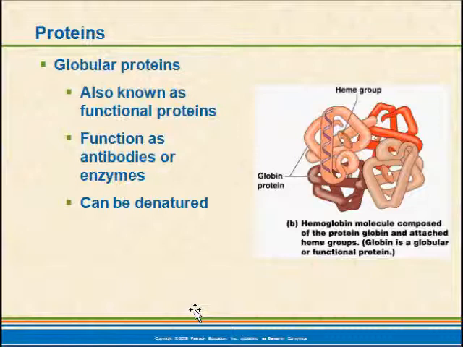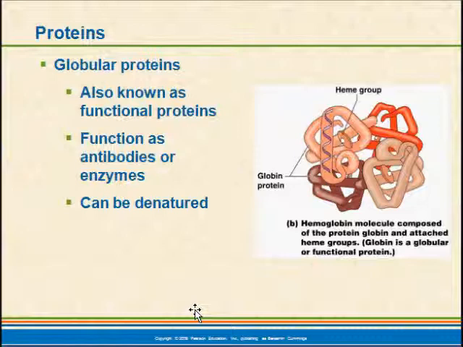And these kinds of proteins can be denatured pretty easily. Their shape is maintained by a very weak type of bond called a hydrogen bond. And we looked at those bonds back in the earlier part of chemistry. Those are the bonds that actually attract water molecules to one another. So they can be pretty weak.